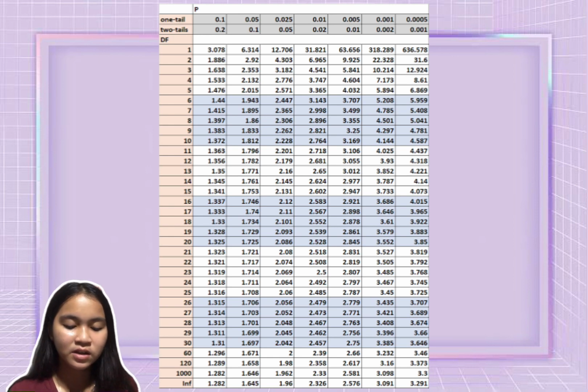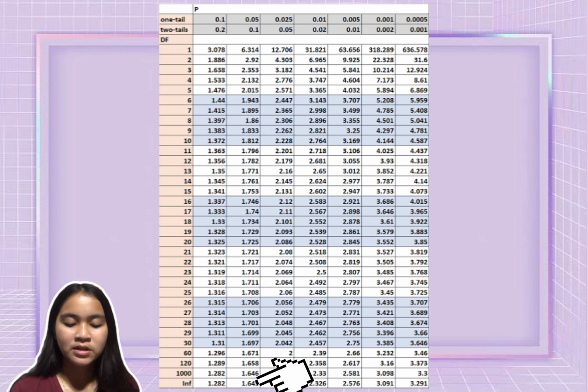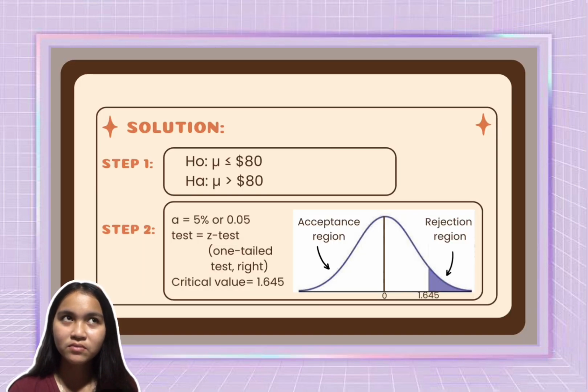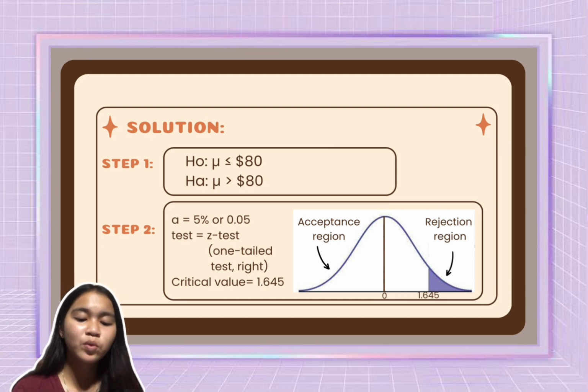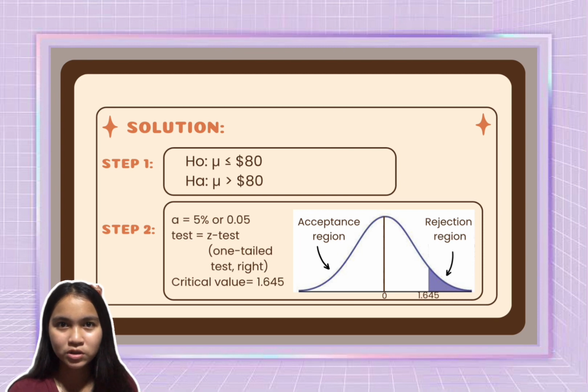And as we can see, it crosses at 1.645. Therefore, the critical value is 1.645. And this is what it looks like regarding the rejection region and the acceptance region. This one here is the rejection region, while this one here is the acceptance region.